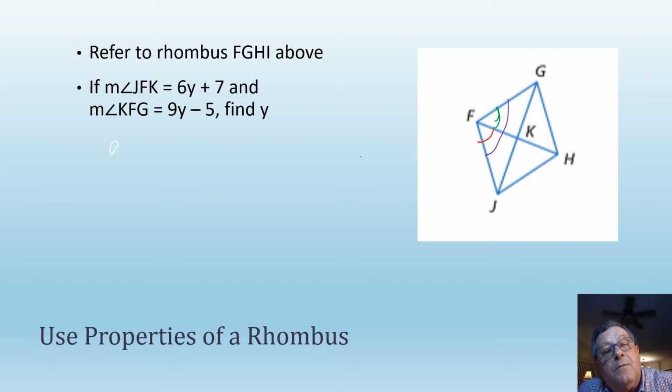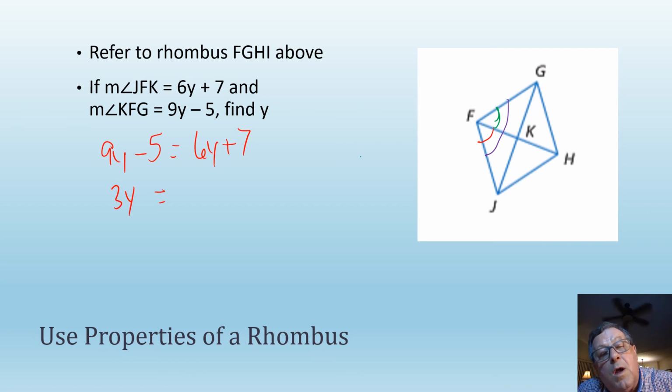So let's say we got 9y minus 5 is now equal to 6y plus 7. Well, let's subtract 6y from both sides and add 5 to both sides, and then we'd have 3y equals 12, and divide by 3, and y is equal to 4.